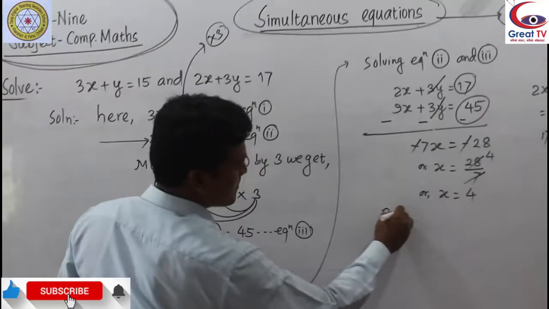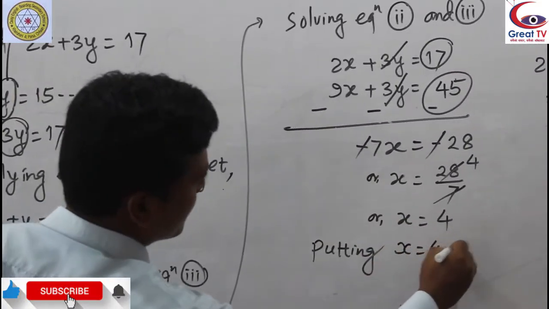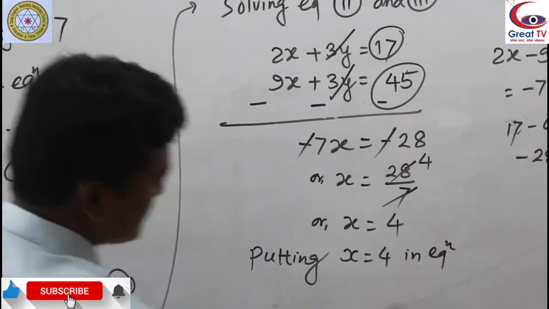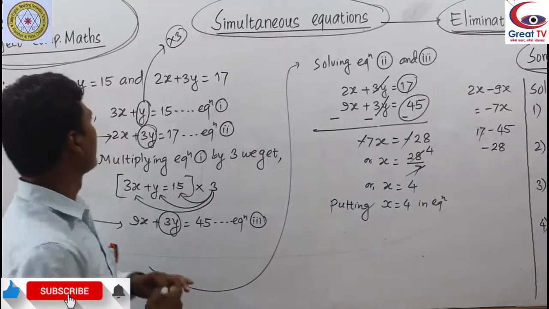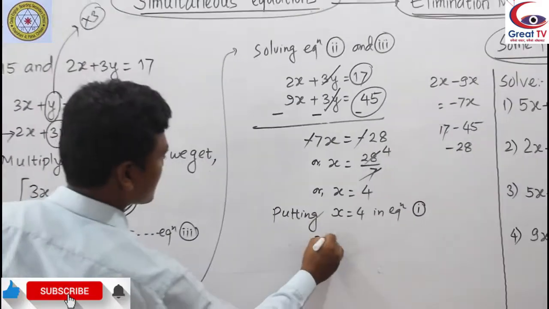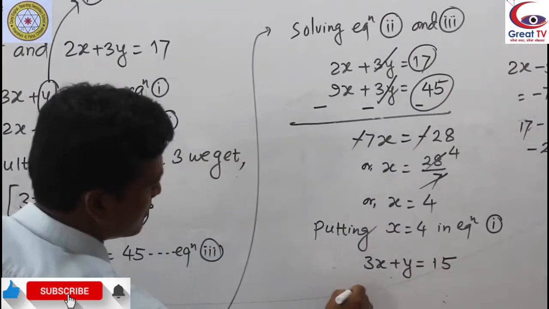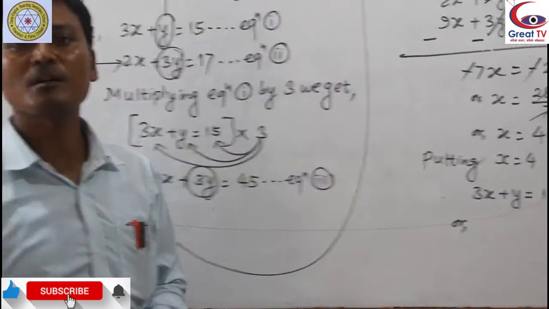After this, putting x equals 4 in an equation, you can put it anywhere. Okay, let us put in the first equation. We have 3x plus y equals 15. Well, we have to put the value of x.